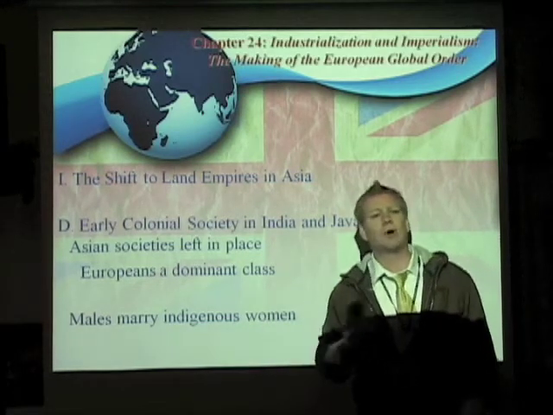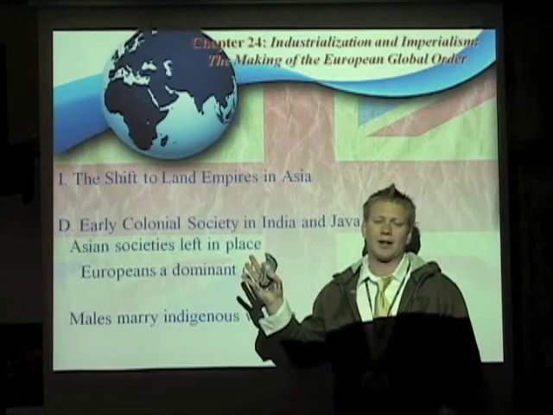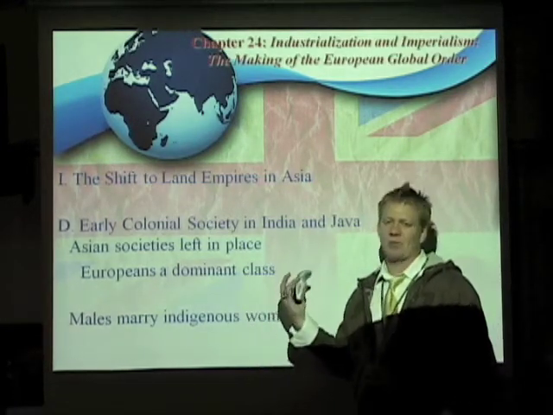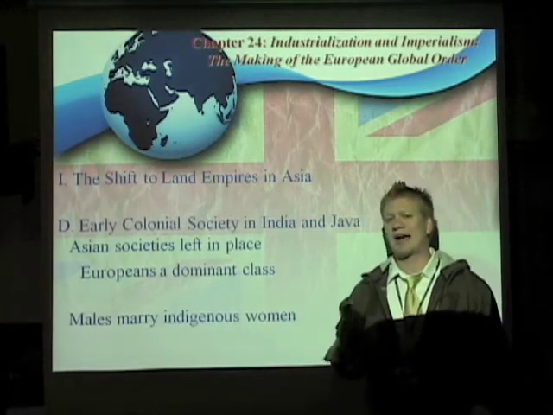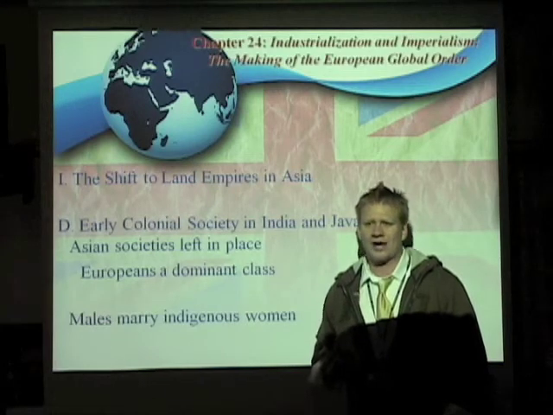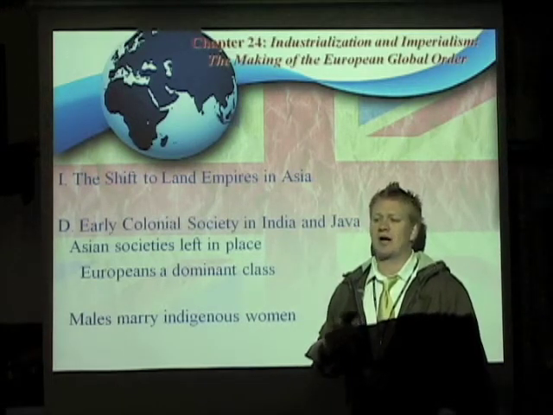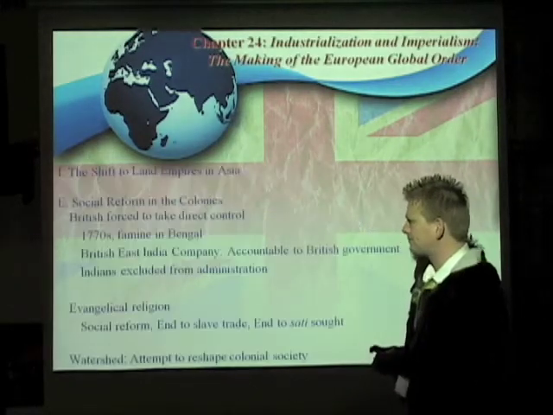Even the women down in the marketplace a lot in some of these areas, as mentioned, like Bombay and Calcutta and Calicut in the Madras area. Same thing with Java and the Dutch in their area. So there was a little bit more interaction in the beginning. Social orders kind of left alone, culture left alone, so to speak. They were just looking for getting those natural resources for industrialization.